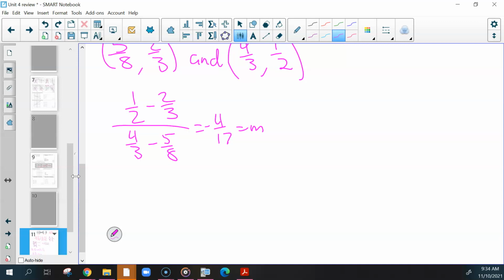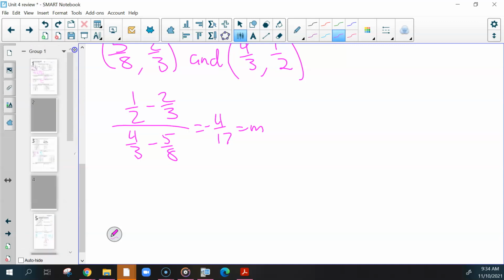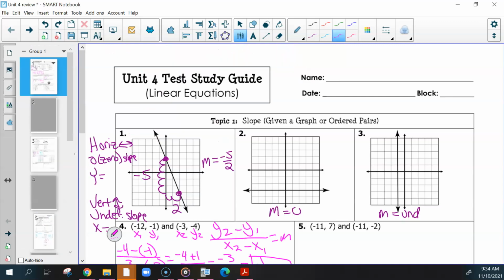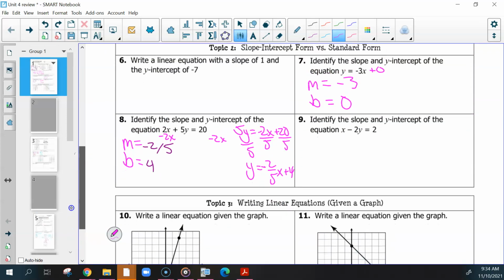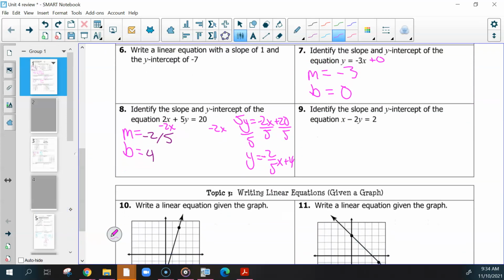Aubrey. Number 9 on page 1. This is going to be similar, so you would need to convert it.